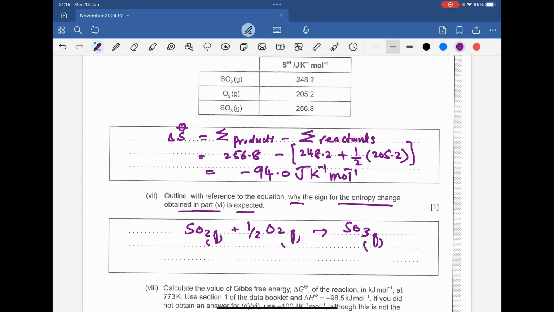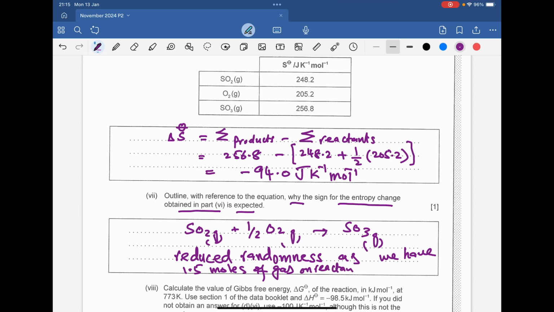This results in reduced randomness, as we have 1.5 moles of gas on the reactant side and 1 mole of gas on the product side.